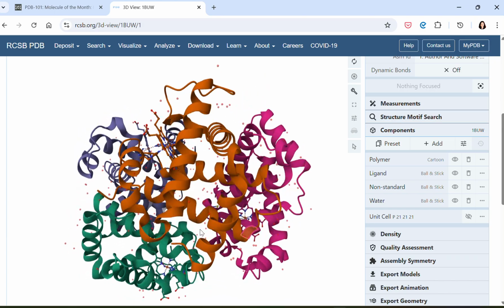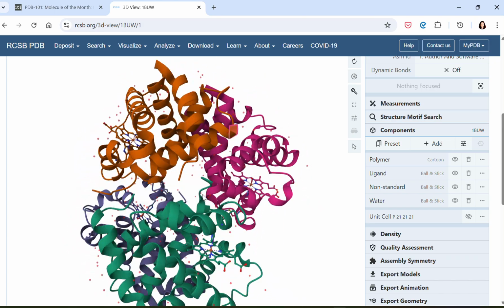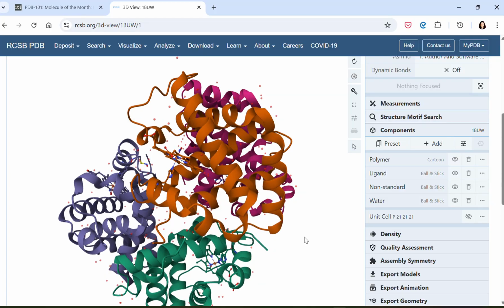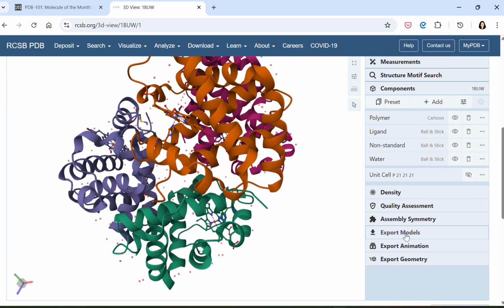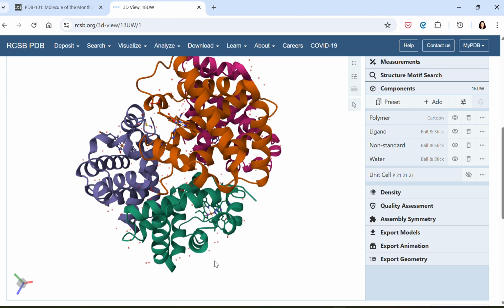Here you can see 4 polypeptides of hemoglobin. And whenever we pick something, it says what it is. Here, for example, this is a water molecule. Here we have the hemoglobin protein part of it, and it shows it is the 71st amino acid, which is alanine.